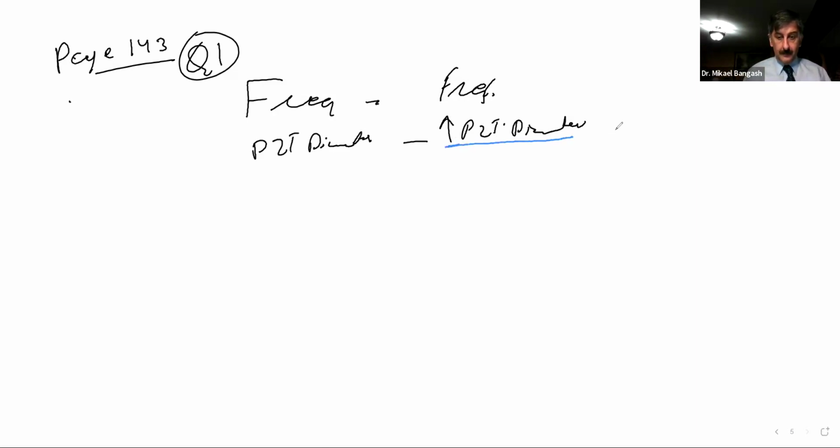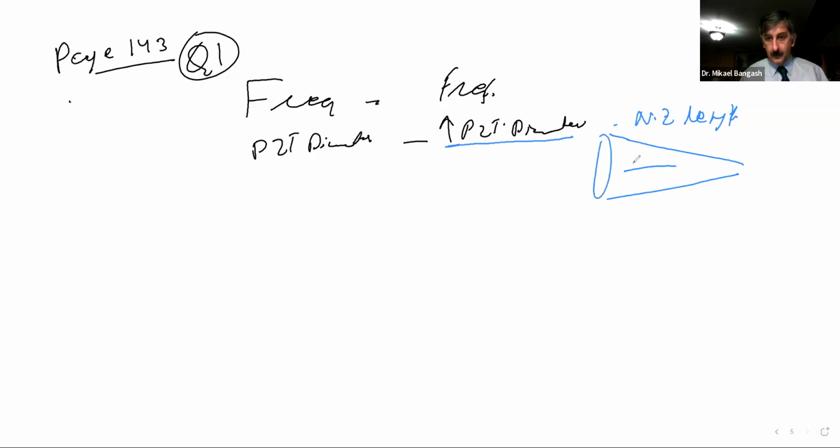Now, when this goes up, then the near zone length, which is the focal length, increases.